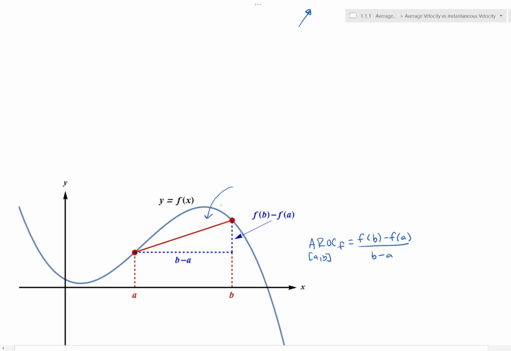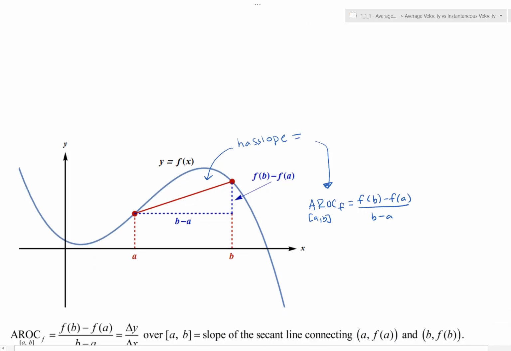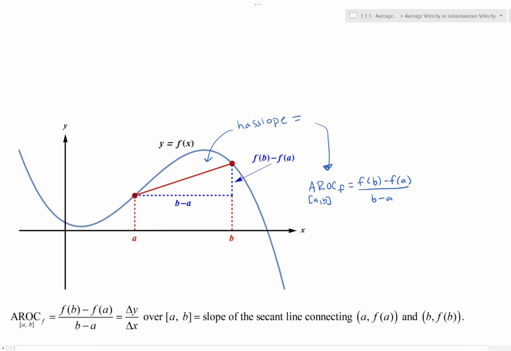So this red line we see right here has slope equal to the average rate of change of the function over the particular interval. So it's actually the same thing. That's all said right down here.